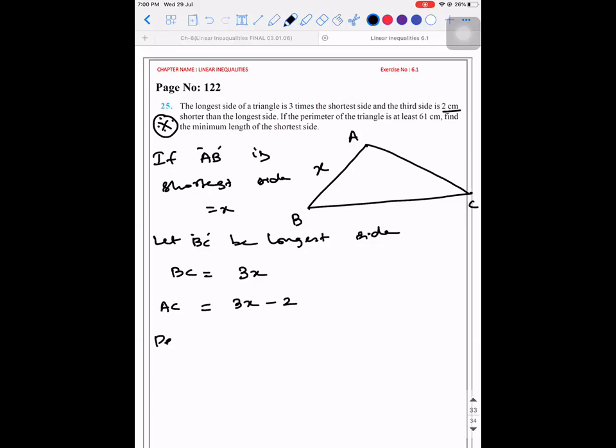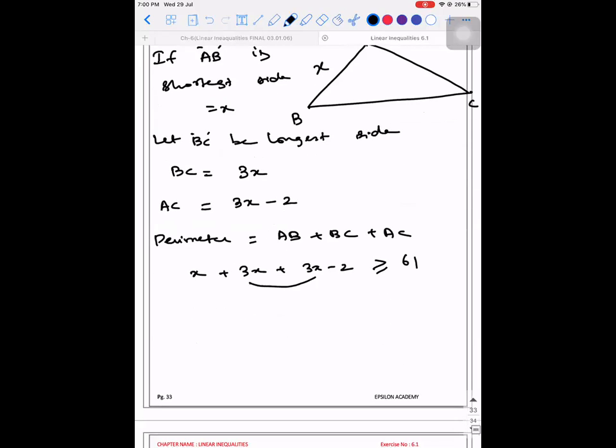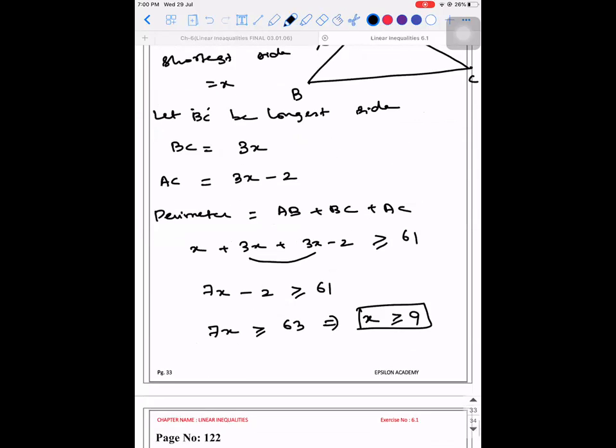So perimeter is AB plus BC plus AC. So that is x plus 3x plus 3x minus 2 is greater than or equal to 61. So this is 7x minus 2 is greater than or equal to 61. 7x is greater than or equal to 63, which implies x is greater than or equal to 9.